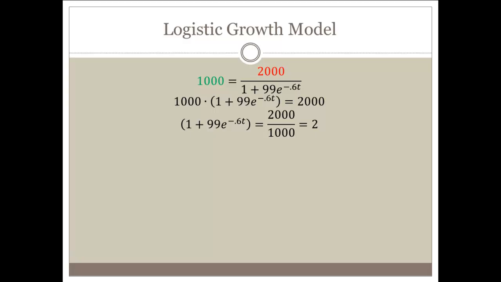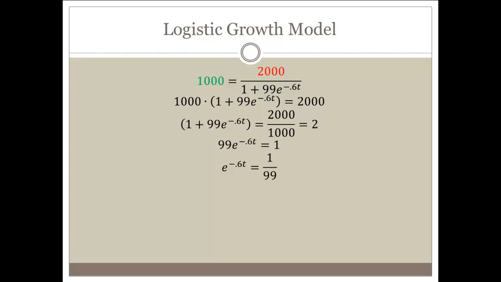Working further to solve for t, we will subtract 1 from both sides to get 99e to the negative 0.6t equals 1, so e to the negative 0.6t equals 1 over 99.